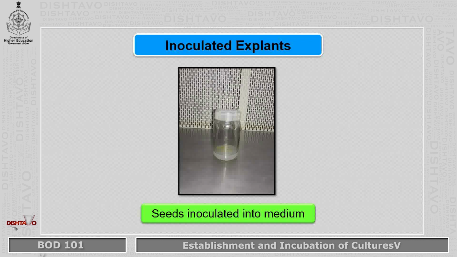So here we have a culture vessel which is inoculated with seeds. Now culture vessels, as I told you in the previous module, can be a bottle, or it can be a petri plate, or a test tube containing nutrient media. And here we have a culture vessel, that is a bottle, and it is inoculated with seeds.